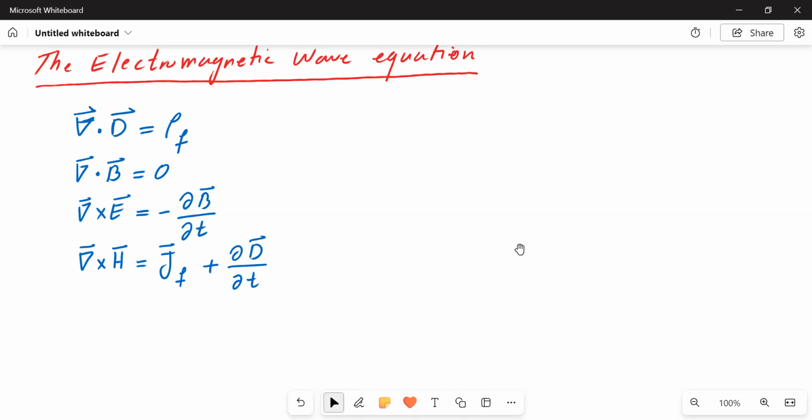So in order to keep things simple, first let's define what these fields and these sources are. D is called the displacement vector, or the electric displacement vector. B is called the magnetic induction.